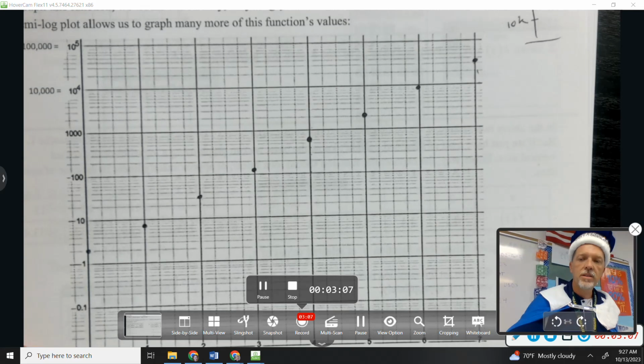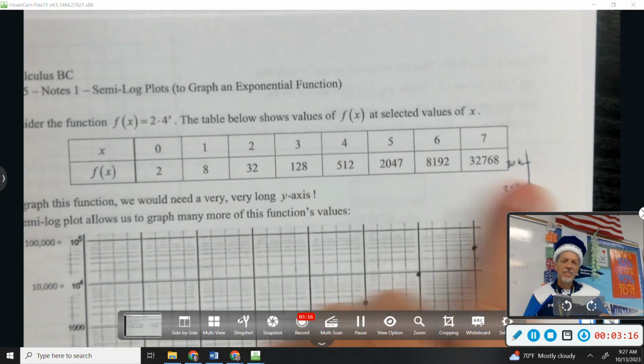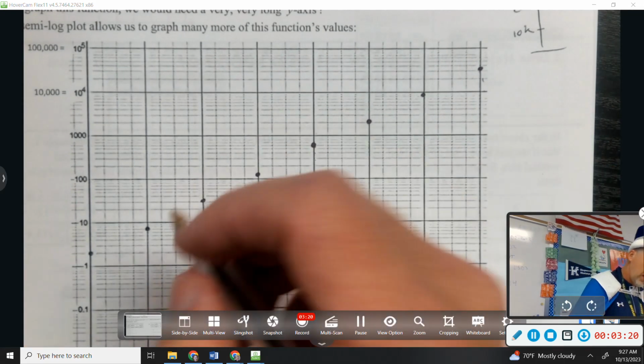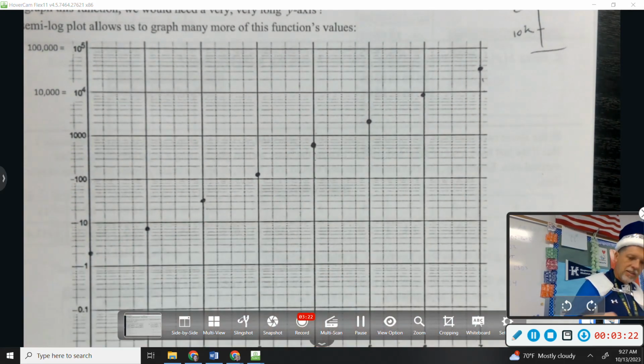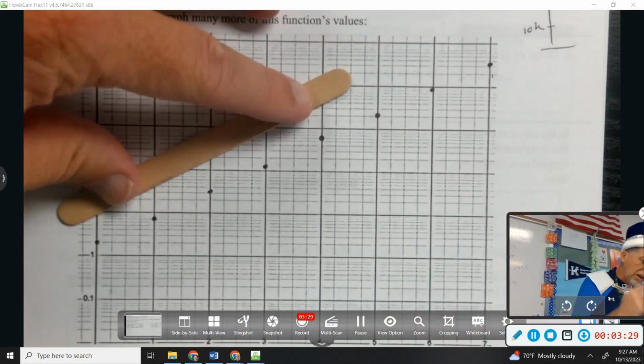Okay, well, conclusion, you already see it, I think. It's a line. Be careful when you say it's a line, because it's not a line, but it looks like a line. So be careful how you phrase that. We can play connect the dots here. It should be perfectly linear.